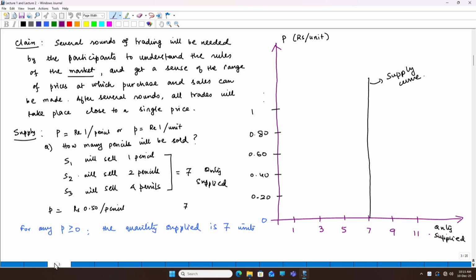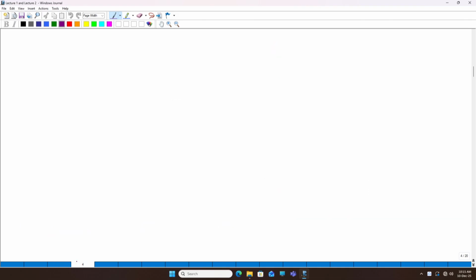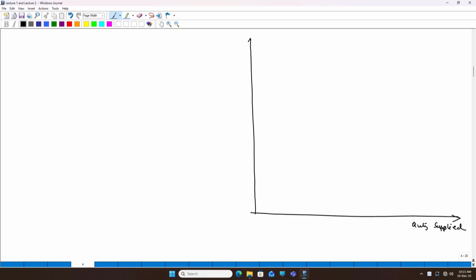Okay. So, unfortunately, I will just draw the picture again. So, quantity supplied is what we already have. I have price. So, this is 1, 3, 5, 7, 9, 11 and so on, and this was the supply curve that I had.